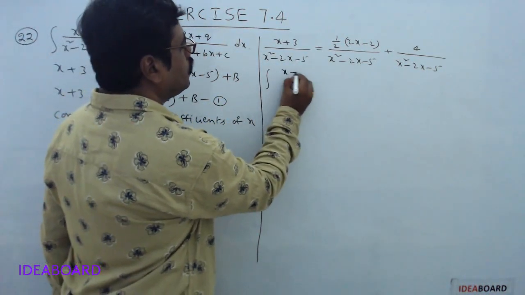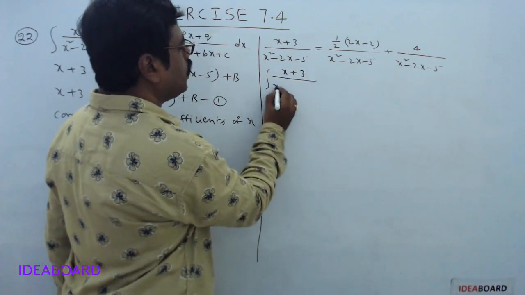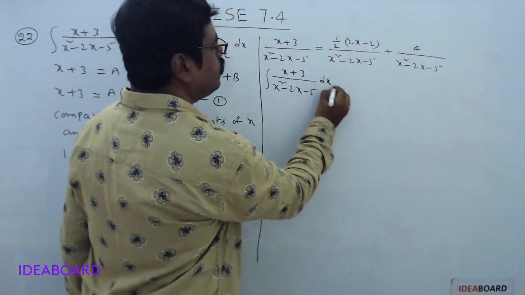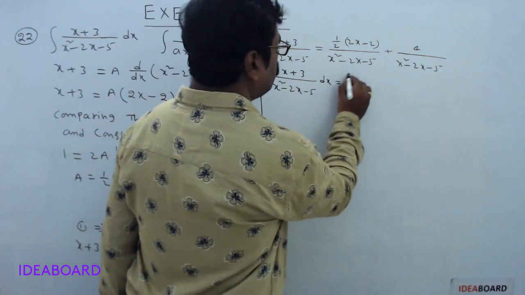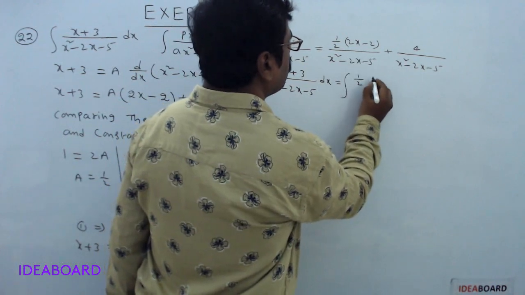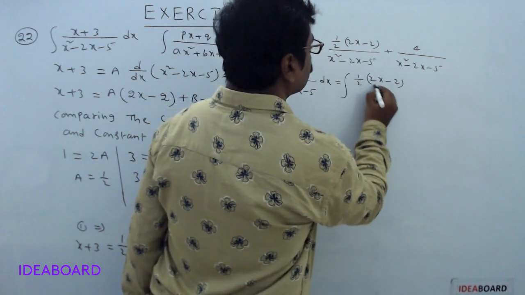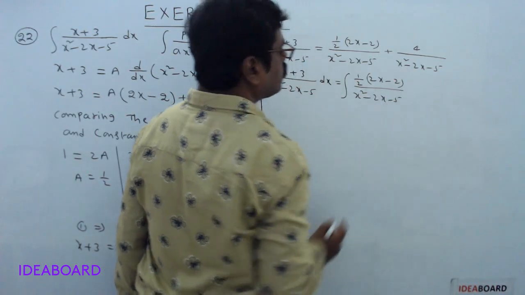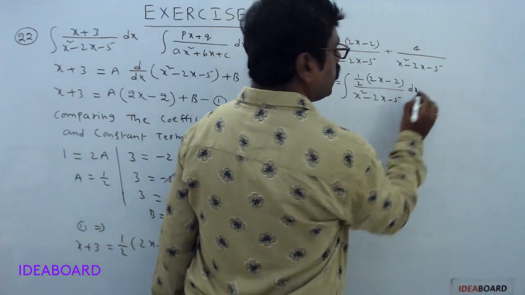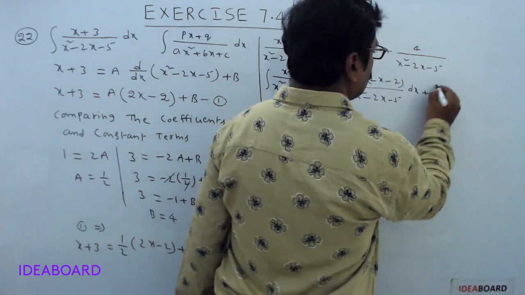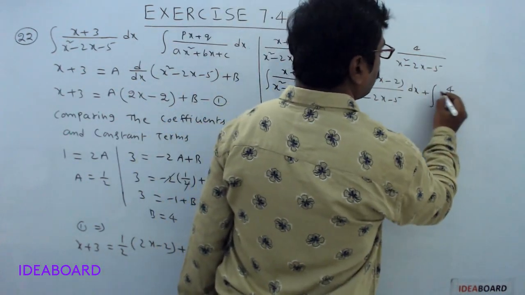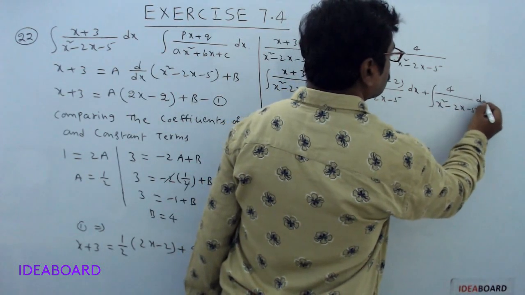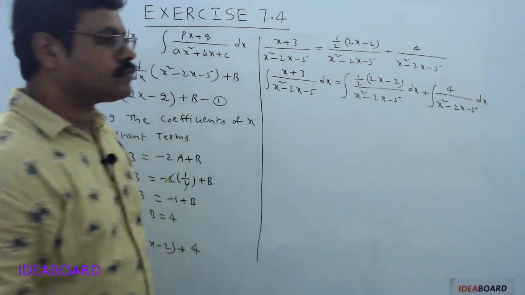This is ∫(x + 3)/(x² − 2x − 5) dx = ∫ 1/2 × (2x − 2)/(x² − 2x − 5) dx + ∫ 4/(x² − 2x − 5) dx.